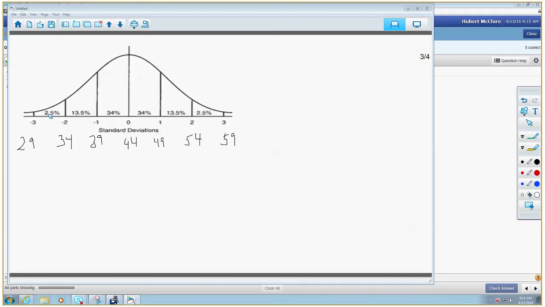So we know this is 2.5. What's half of 13 or half of 14? 7. 7 plus 2.5 is what? 7 plus 3 is 10. So half of here is 10. So I guess we could go right about here, maybe right in here somewhere. And that would be our representation of 6%.